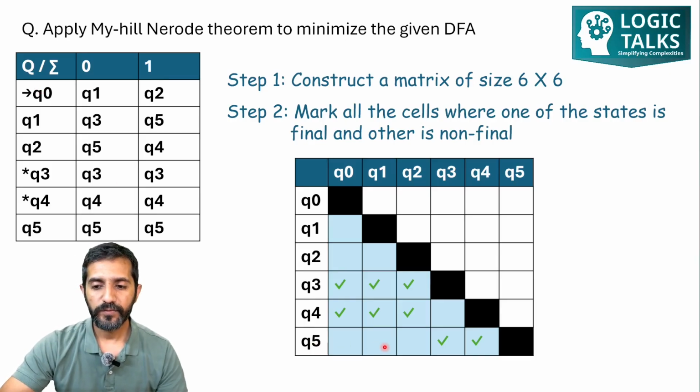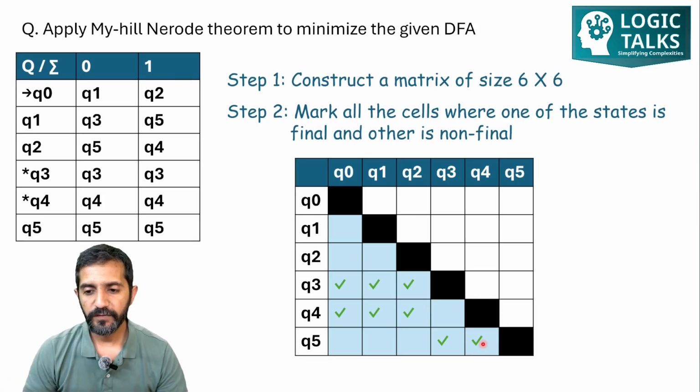Q5, Q1: both non-final, not marked. Q5, Q2: both non-final, not marked. Q5, Q3: Q5 is non-final, Q3 is final, therefore marked. Next Q5, Q4: Q5 is non-final, Q4 is final, therefore also marked. So this is what we do in step number 2.